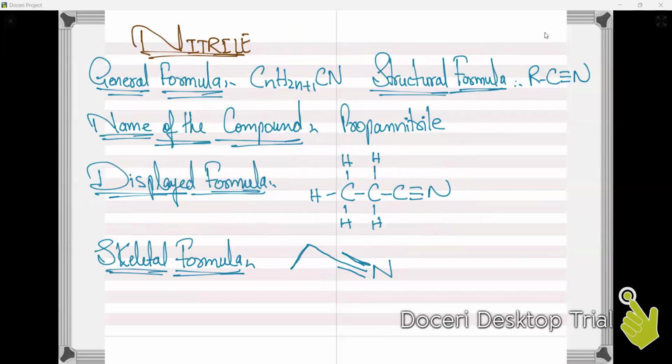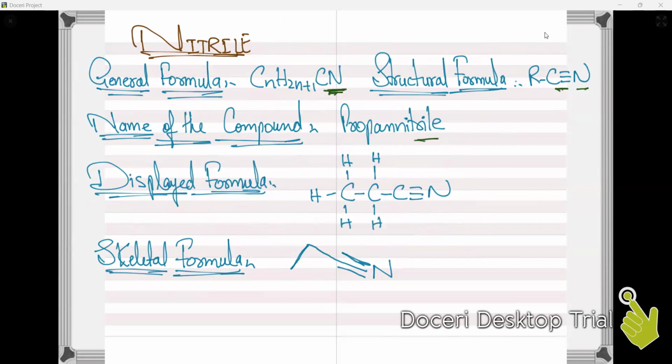Nitrile, the structural formula. Now, the more I move through the slides, the more I focus on the functional group only. But this is the importance of the functional group. So this is the functional group CN. CN means with one carbon, nitrogen is attached with three bonds. The name is propane nitrile.